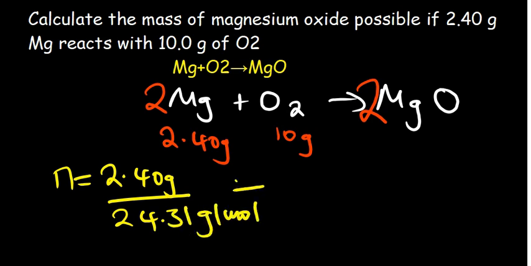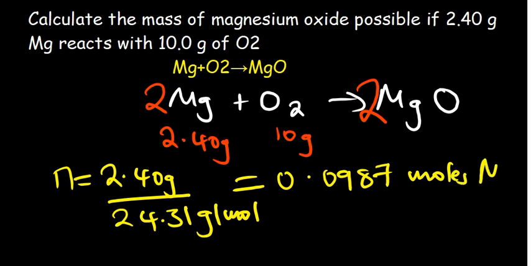So what are we going to get there? 2.40 divided by 24.31, approximately 0.0987 moles. So we have the number of moles of magnesium.